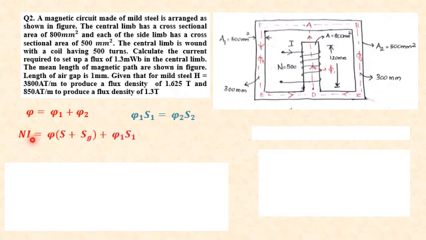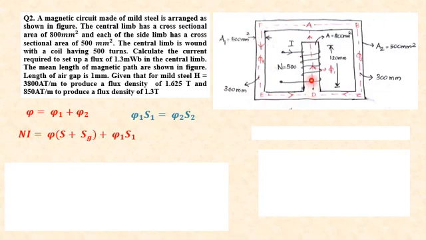Then total MMF, that is, the total MMF that will be produced in the central limb, will be equal to MMF of the central limb plus MMF of any one parallel limb.